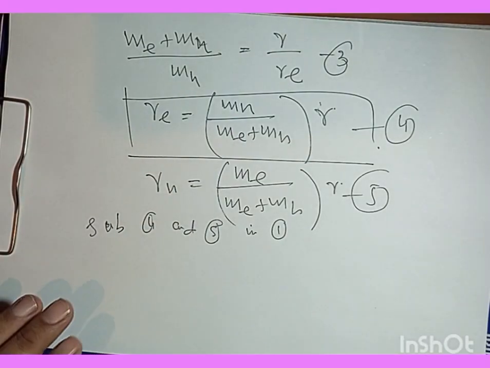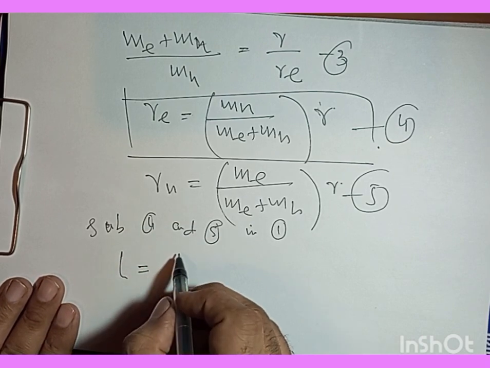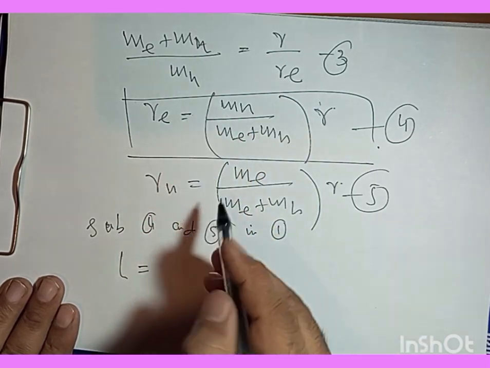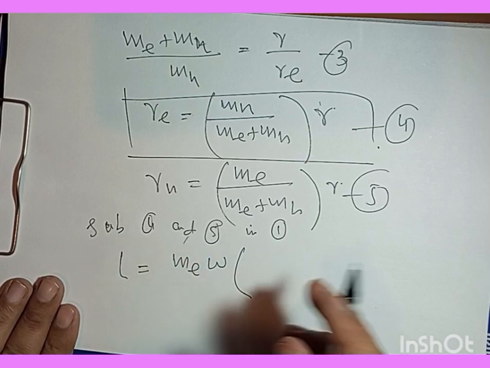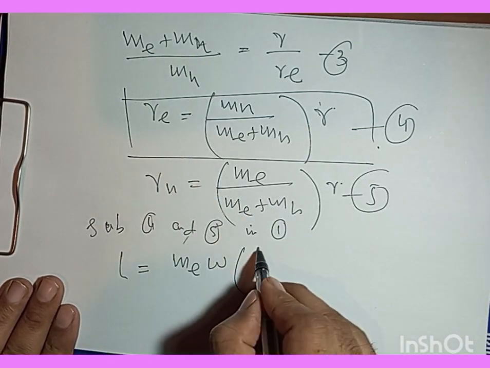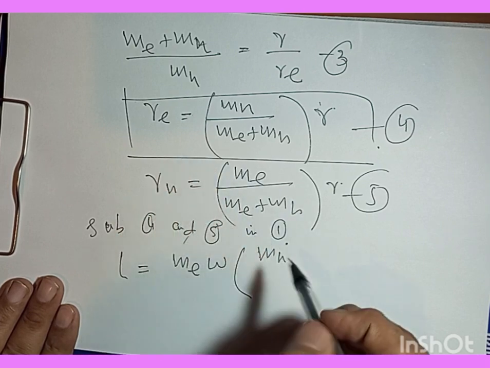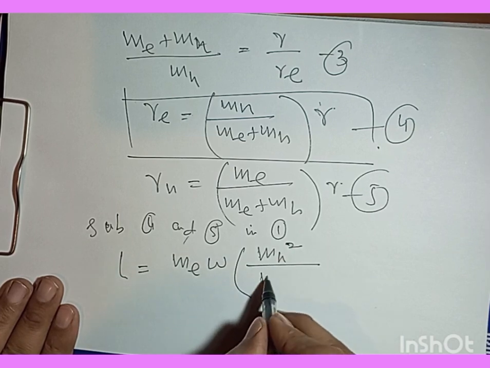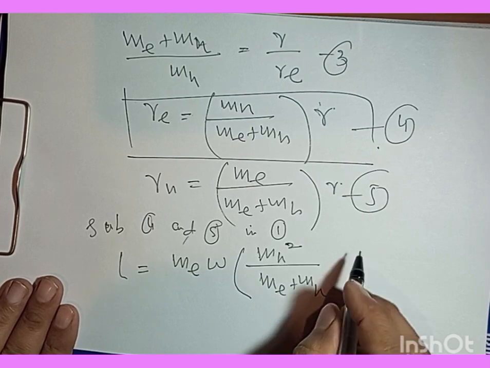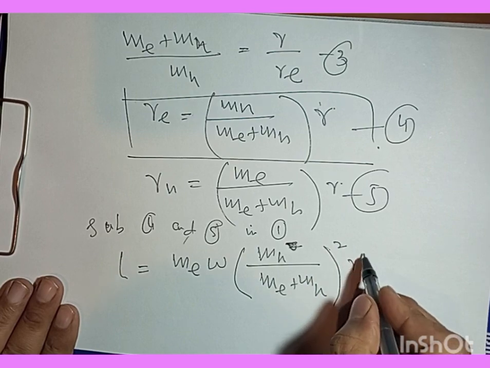So L is equal to Me omega times Re square, and Re we have calculated, that is Mn divided by Me plus Mn, whole square, and then R square.